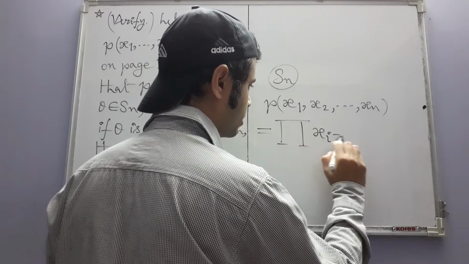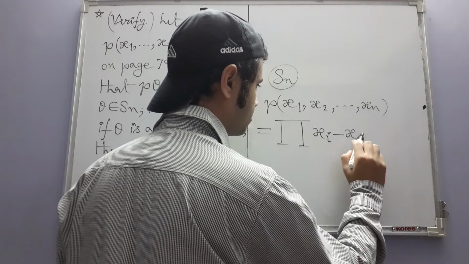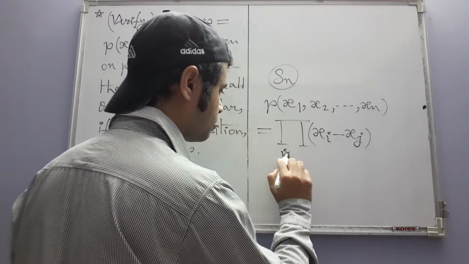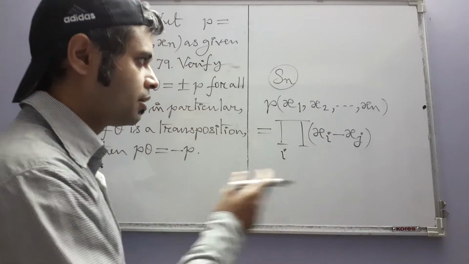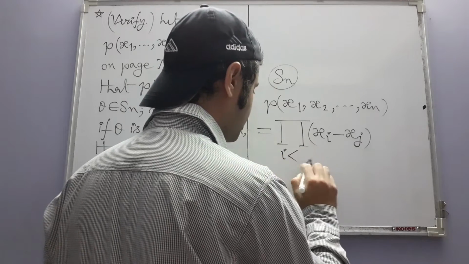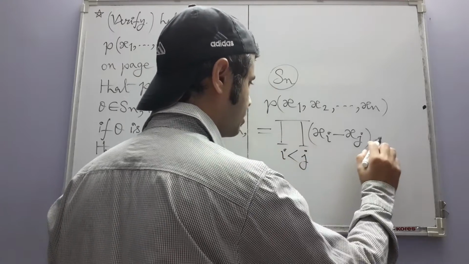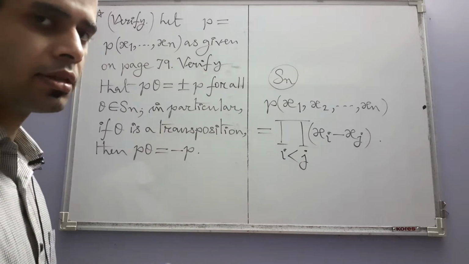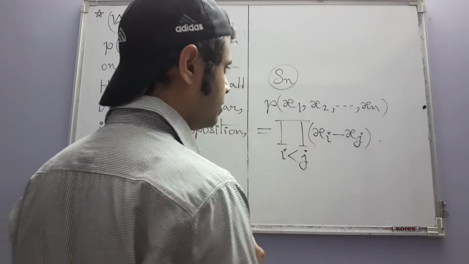It's the product of all factors xi minus xj, where i and j vary from 1 through n, satisfying the restriction that i is less than j. And in fact, a concrete example was given when n is 5.